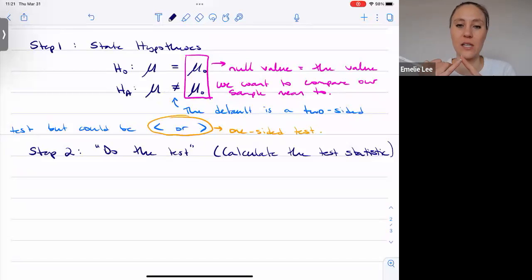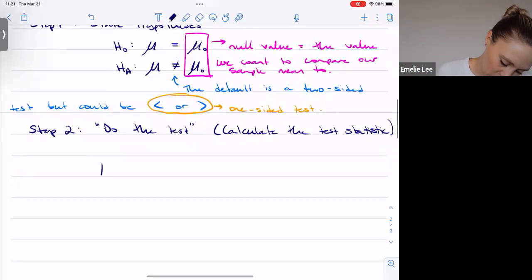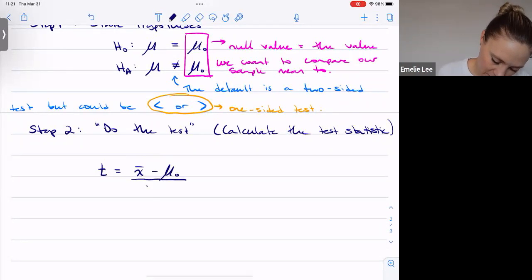So in the past, we've either calculated a Z or a chi-squared, depending on the question. And now, again depending on the question, we're going to calculate a t. So in a one sample means question, we calculate t, which is x bar minus mu naught divided by s divided by root n.